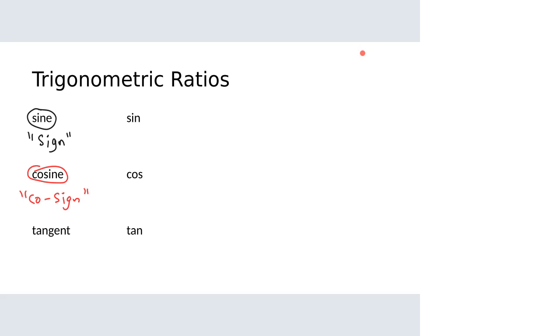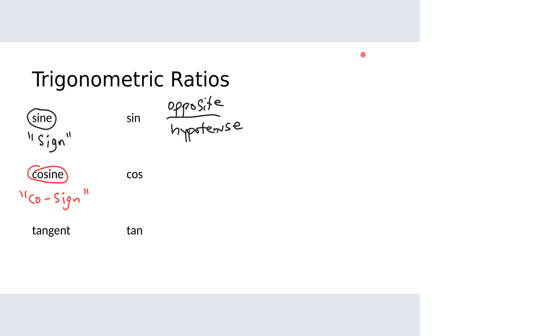Now you might be thinking, okay, that's great. What are these things? It would be a perfectly reasonable thing to be thinking. And the sine of any angle is going to be the side that is opposite that angle divided by the length of the hypotenuse. So the sine of some angle is going to be a number. It's going to be the length of the side opposite divided by the hypotenuse.